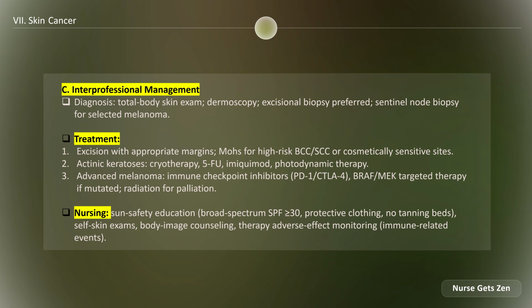Wound care for post-operative incisions or effects of other skin cancer treatment. Sometimes they do a biopsy and cut a little piece of skin, so sometimes you need to do wound care for this.